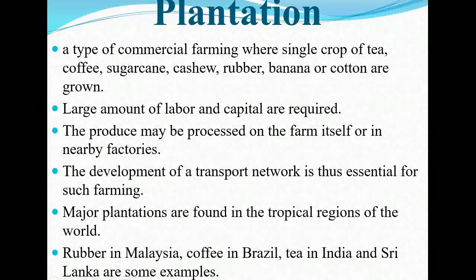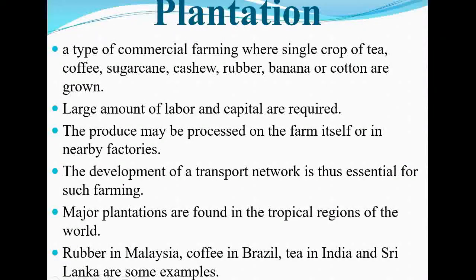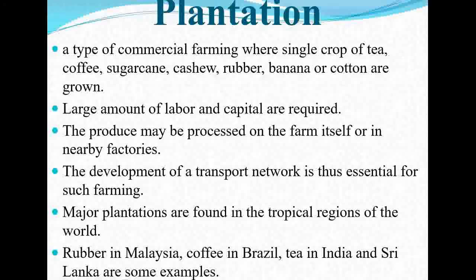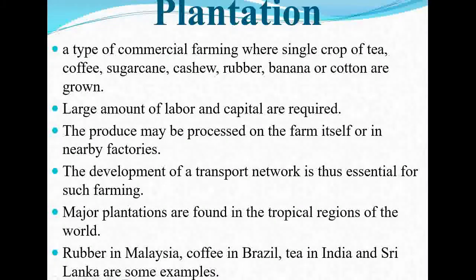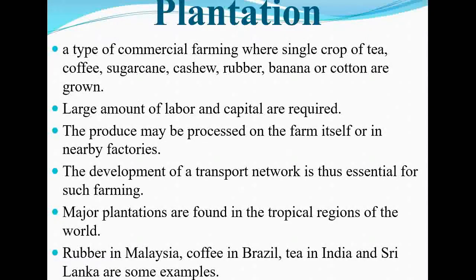Major plantations are found in the tropical regions of the world: rubber in Malaysia, coffee in Brazil, tea in India and Sri Lanka are some examples. Tropical region means the area of the globe from the Tropic of Cancer to the Tropic of Capricorn.